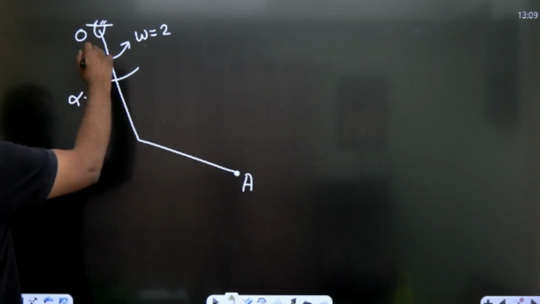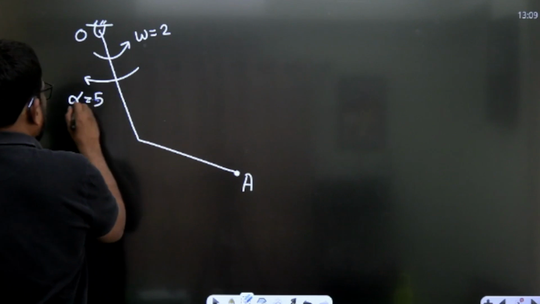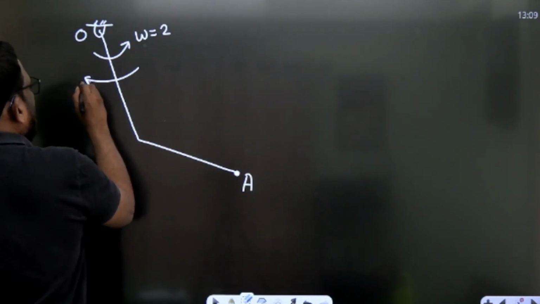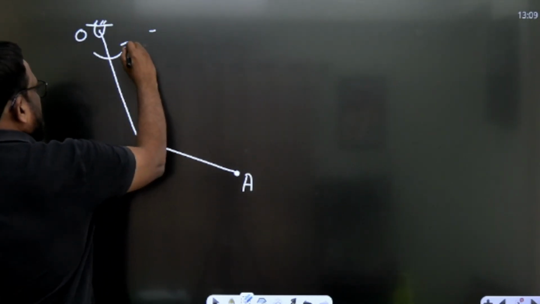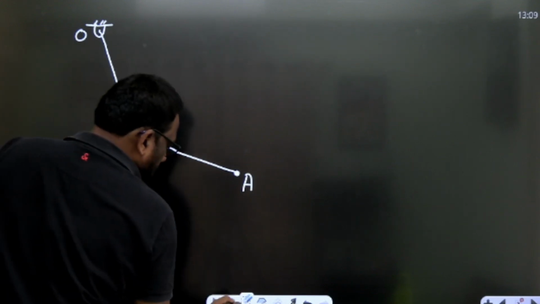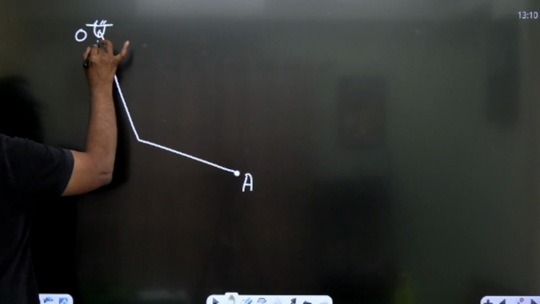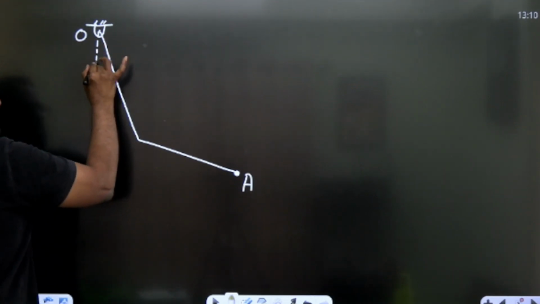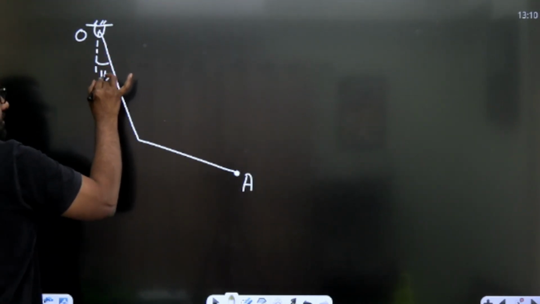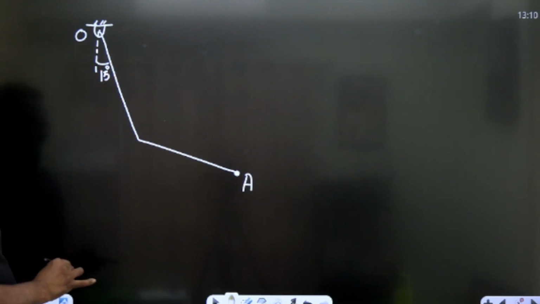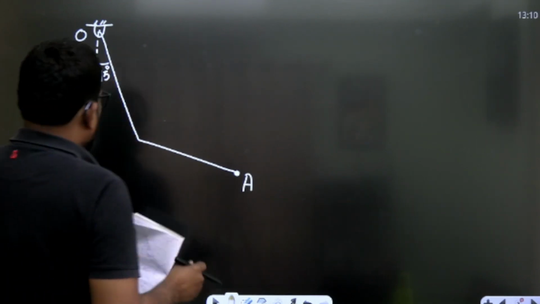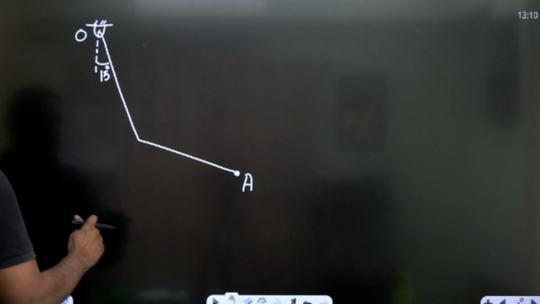Now, let me remove this, it is disturbing. We know the angular properties are given, so don't worry. Now, this angle is also given, and this is 15 degree. Now observe here.